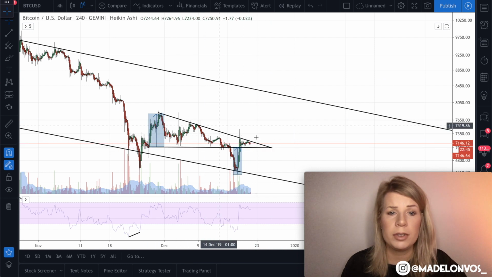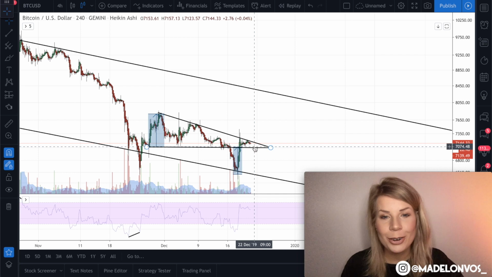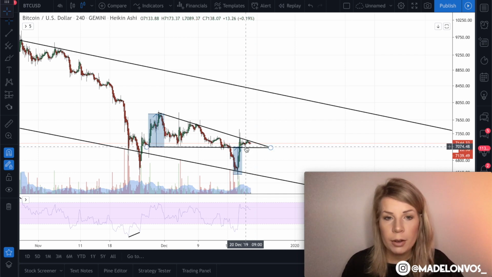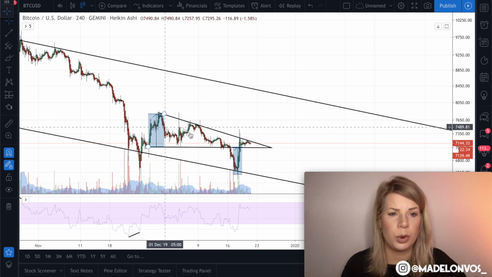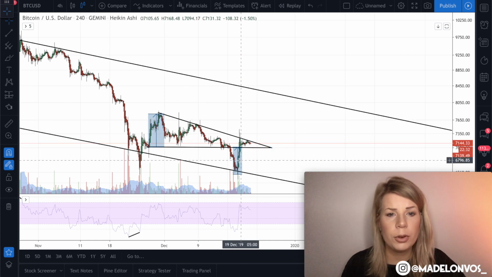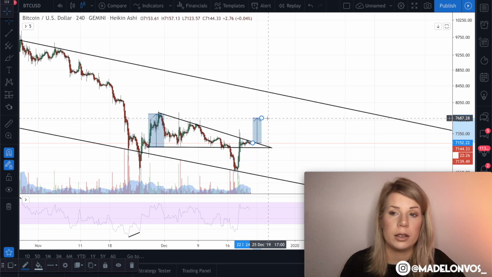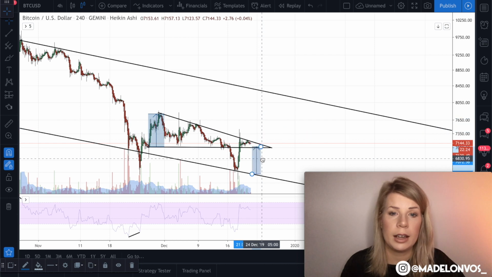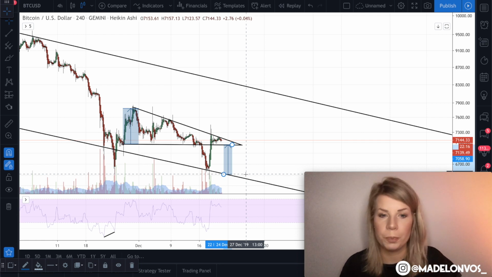So keep this pattern in mind. If this pattern breaks out, of course there's going to be a wave. I can't give a price target because we already had this target, but if you keep this target in mind, then the price can go upward to like 7,690, and it can go downward again to like, I can't see it, but it's going to be around 6,500 or so.